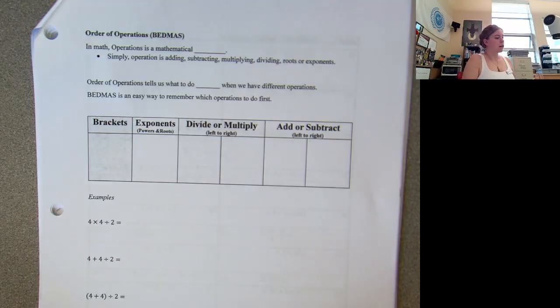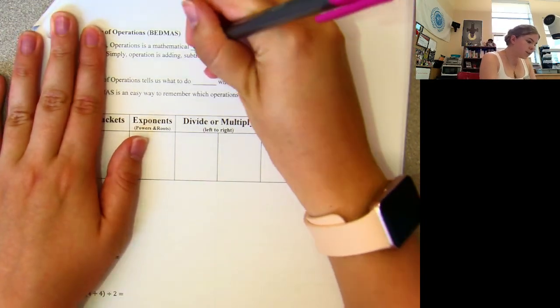Order? I like order. Do we have another word for something like that? Operations is a mathematical term. Yeah, that's true. So in math, operations is a mathematical process. So it's an order of doing things.